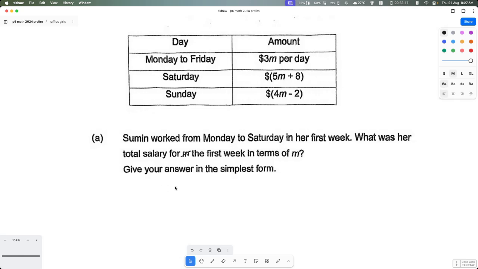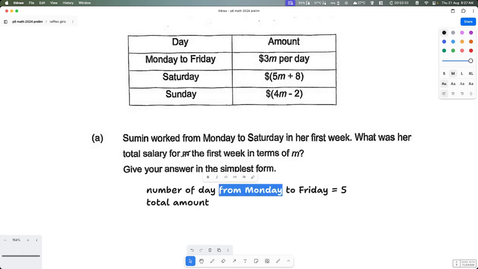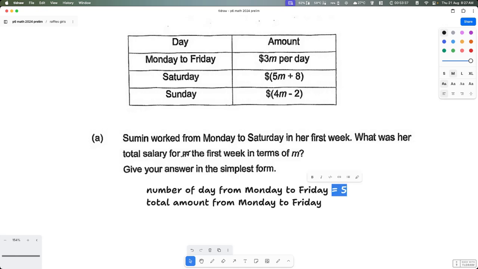Okay, the number of days from Monday to Friday is equal to 5. So the total amount from Monday to Friday is 5 times 3M, which is $15M.